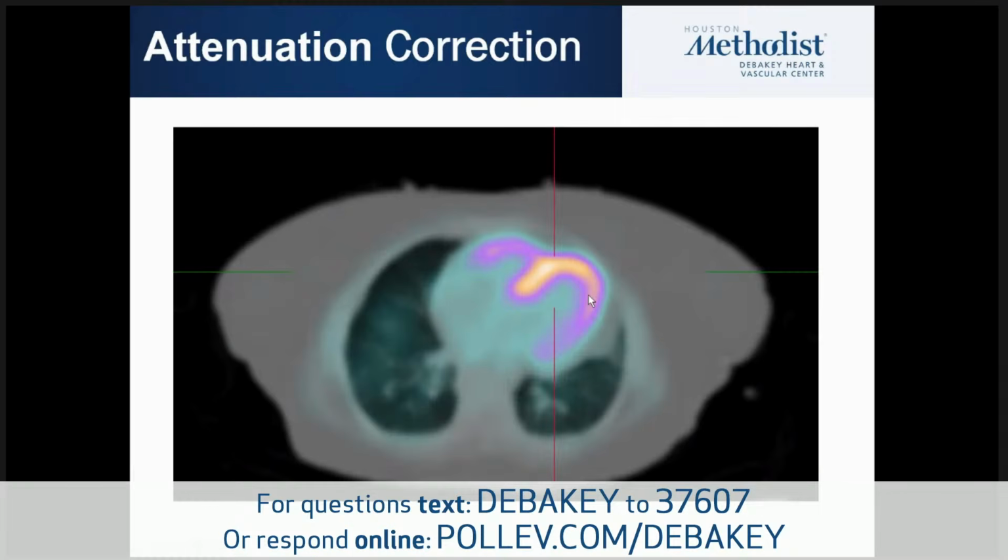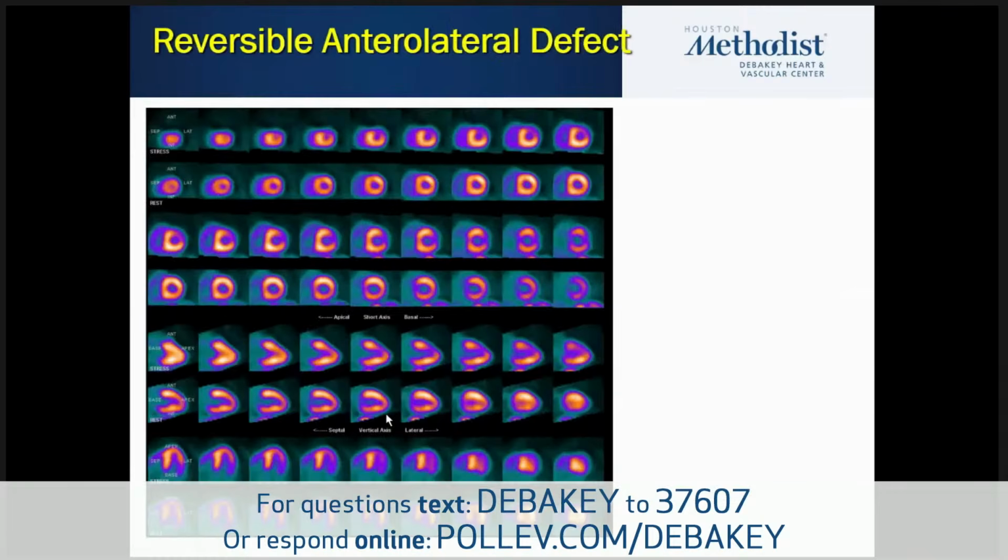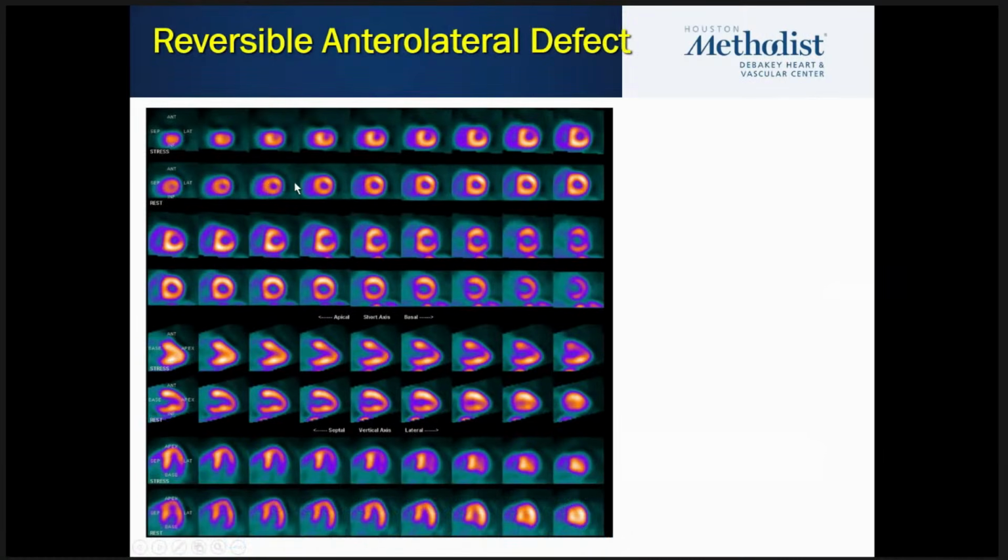Now, when you do attenuation correction, you're always prone to some problems. Here's one case where you see the excellent image quality of a rubidium PET scan in a patient. You can see that at rest, which is the second, fourth, sixth and eighth row here, there is no perfusion defect.